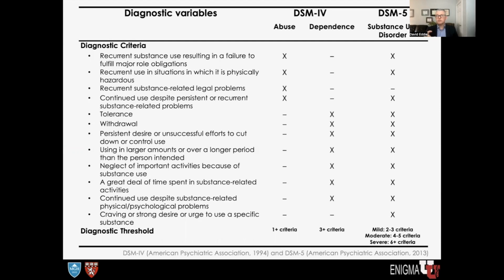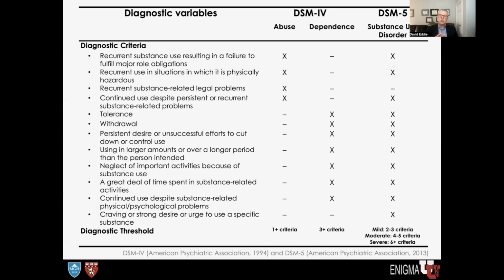It's really the diagnostic compendium that we commonly use in the United States, although there are other ones like the ICD-10, for instance. So DSM-4 was phased out in 2013 when DSM-5 came along. You will see there were some pretty significant changes from DSM-4 to DSM-5 in terms of how we diagnose substance use disorder. But first up, let's just have a look at our diagnostic criteria here on the left.